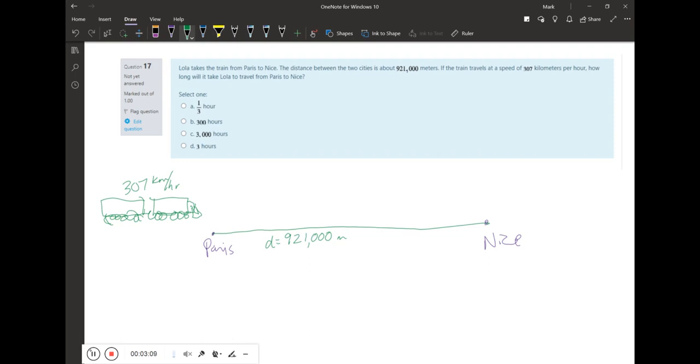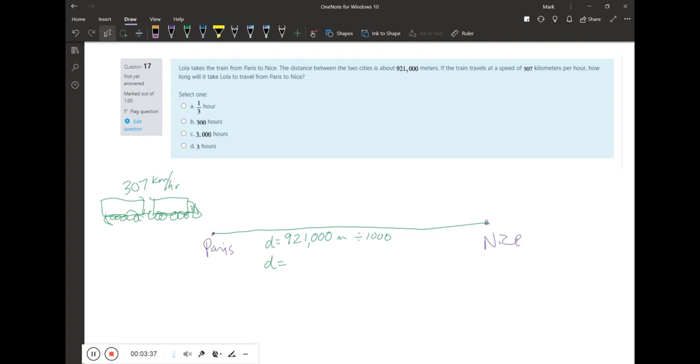So we want to recognize there that, okay, these units aren't the same, so I need to get this into kilometers. And that's where we have to be comfortable doing our conversions. If we remember, there's 1,000 meters in a kilometer, and so we can just drop off 3 zeros at the end, because that's like divide by 1,000, right?